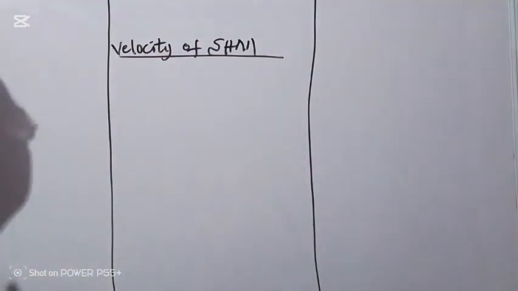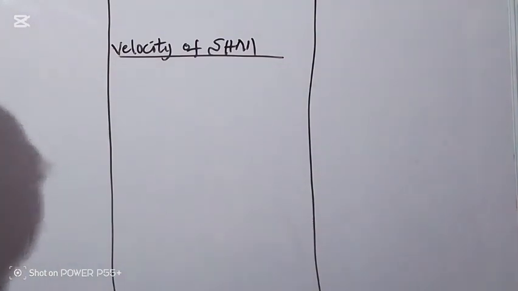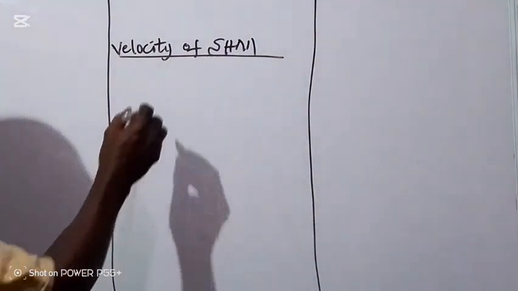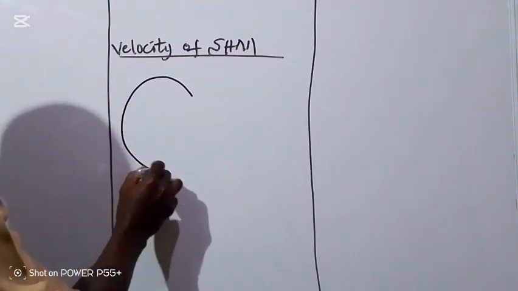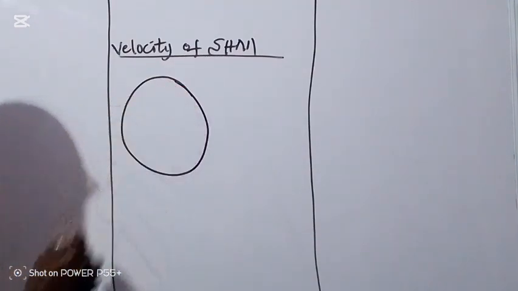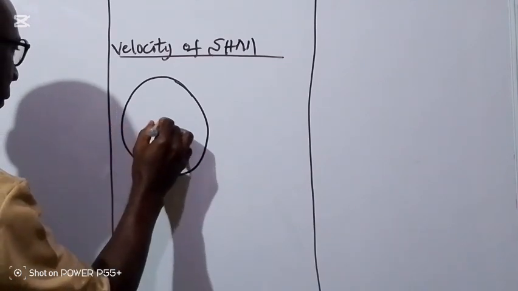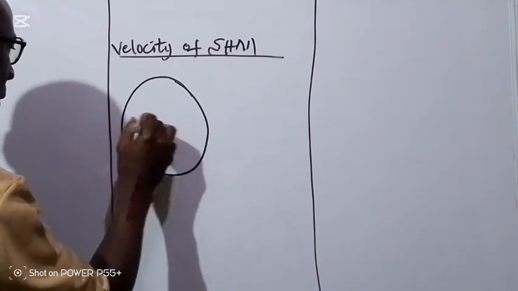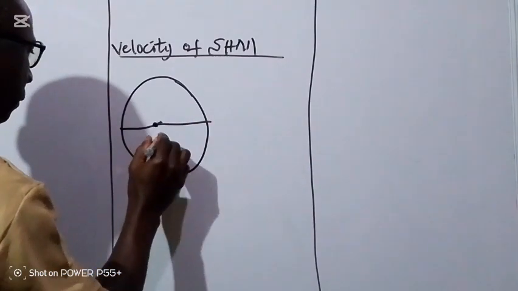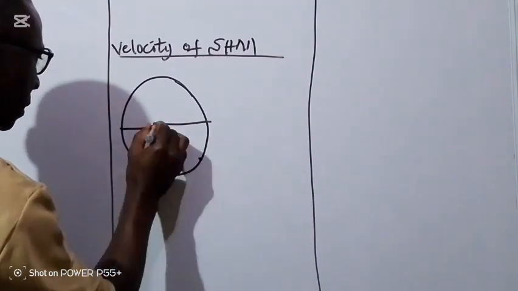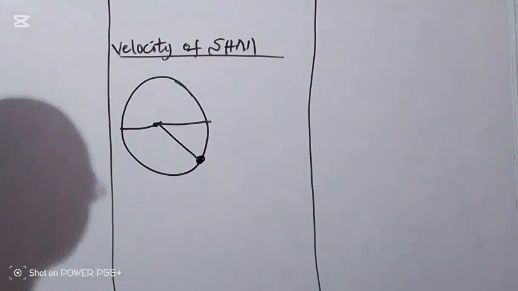Now, the next thing is the velocity of simple harmonic motion. As I explained, during circular motion, when an object is moving along a circular path, this is the equilibrium position, and let's say it moves along this circular path like this.